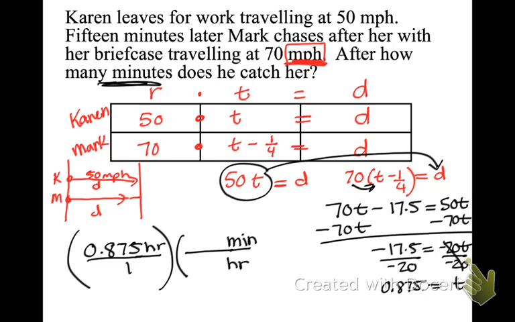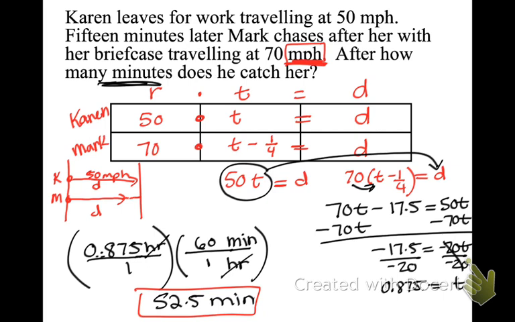What's the conversion of minutes to hours? 60 over 1. So all we really have to do is multiply it by 60. The hours cancel. 0.875 times 60 equals 52.5 minutes. And there we have it.